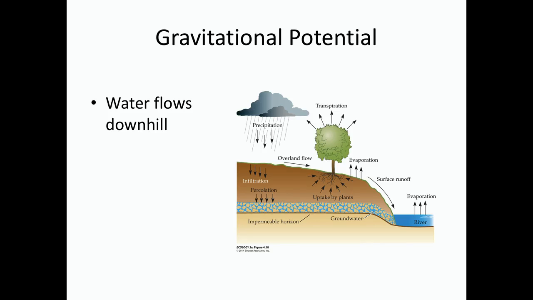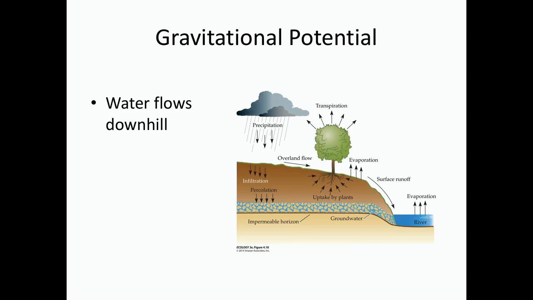So this is not a huge surprise. You may have experienced this if you've ever poured water down a hill, or used a slip and slide, for instance. Water tends to flow downhill. So areas high up have a harder time finding water sometimes because water is flowing away from them rather than towards them.